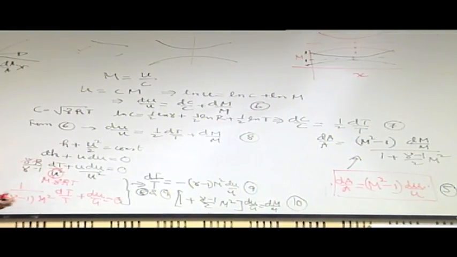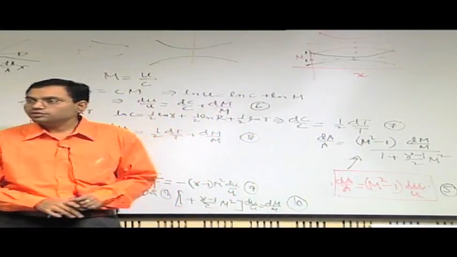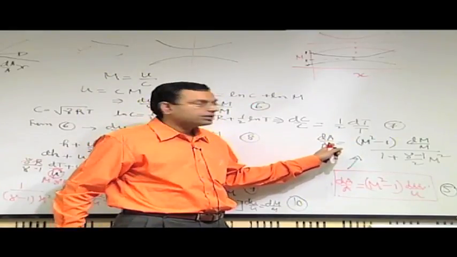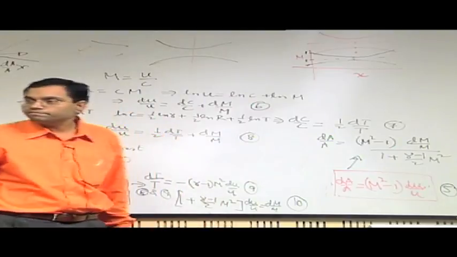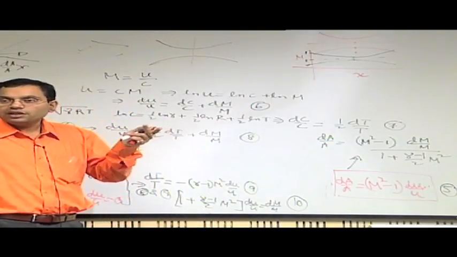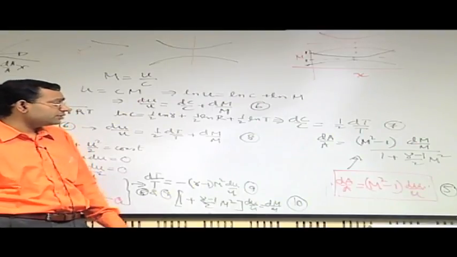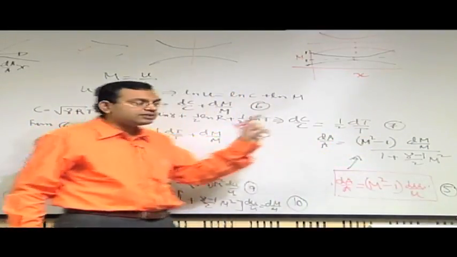So, from this equation we may get an explicit relationship between the area and the Mach number. So, if you know how area varies with x, you can easily get how the Mach number varies with x. So, for a given geometry A as a function of x, you will get an output as a Mach number as a function of x, and from here you can clearly verify the statement that we have just made.